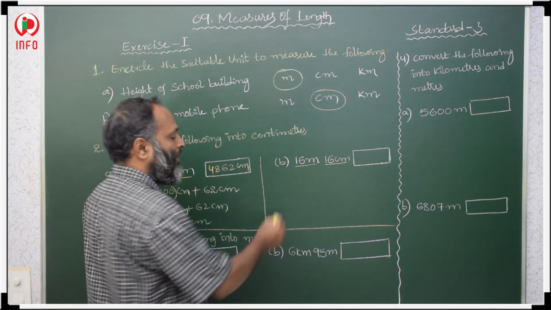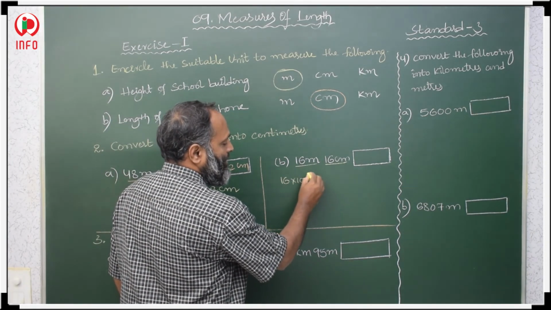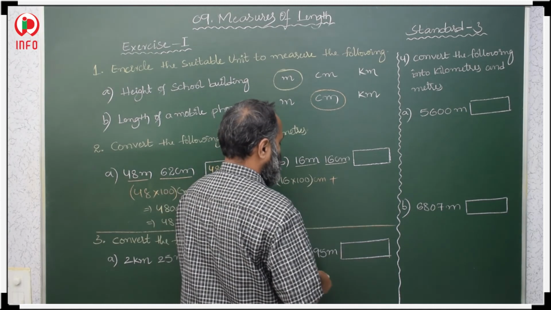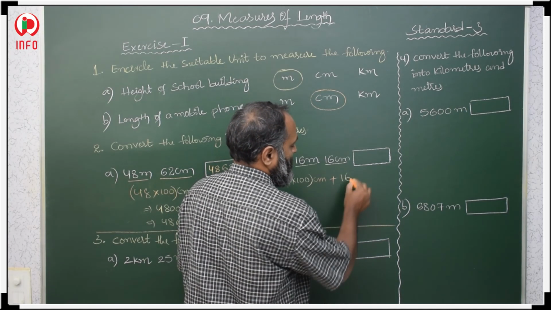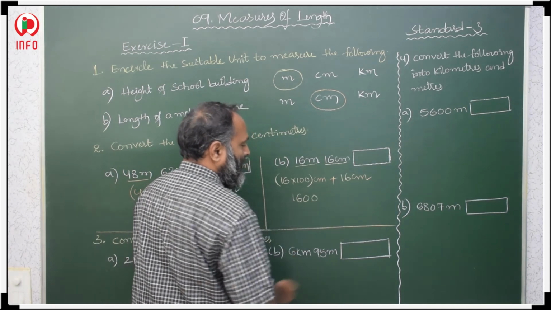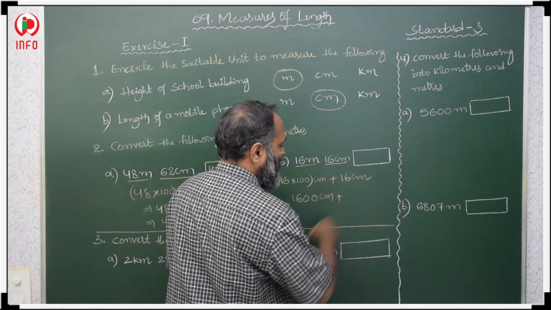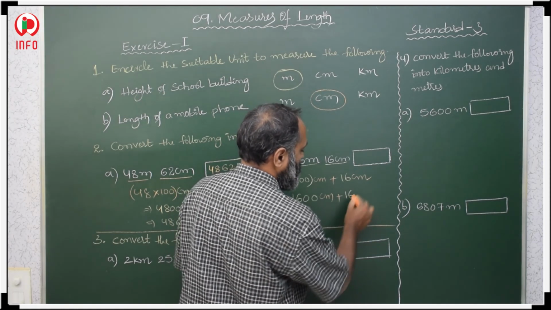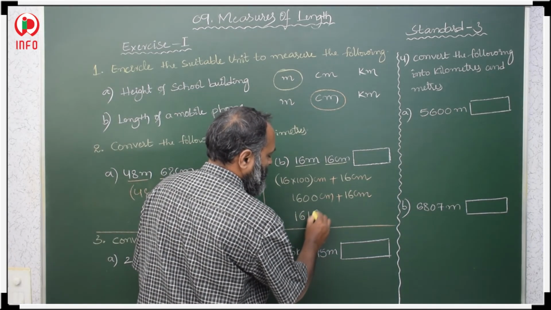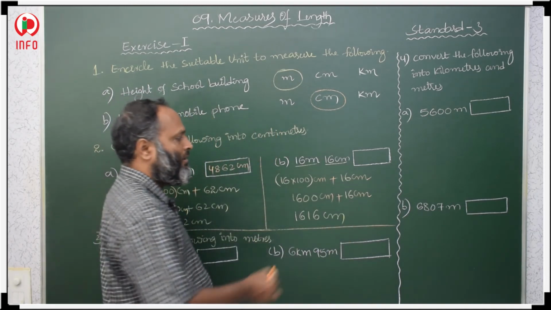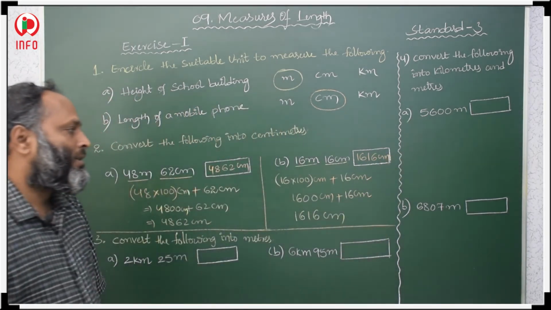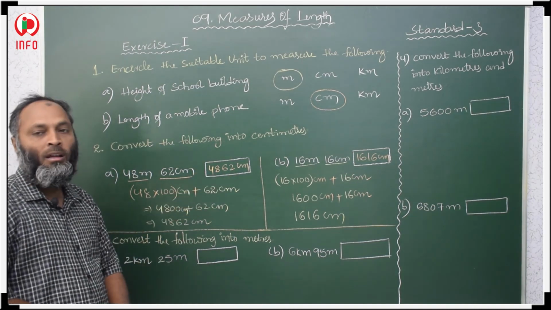Multiply meters with 100 to convert into centimeters. 16 into 100 centimeters plus 16 centimeters as it is. 16 into 100 is 1600 centimeters, plus 16 centimeters, 1616. So the answer is 1616 centimeters, okay. This is the method to convert into centimeters.